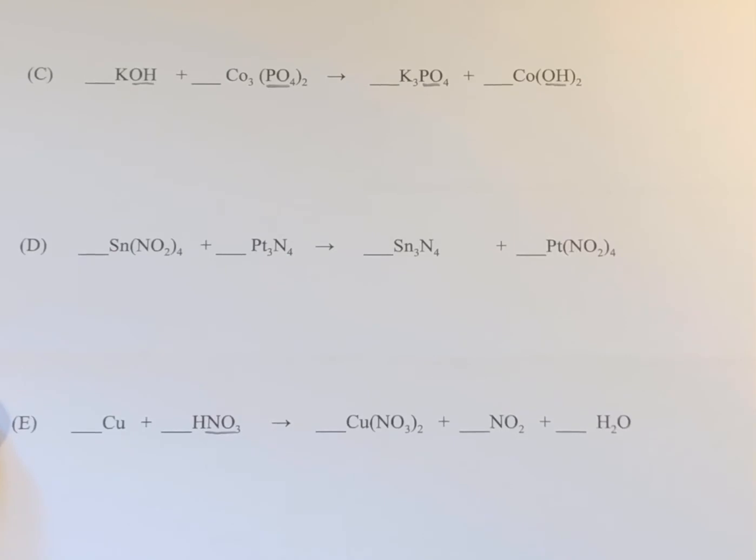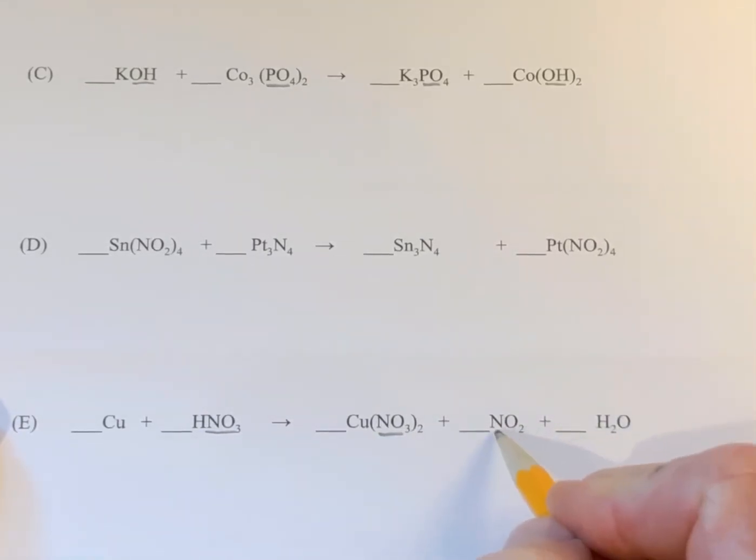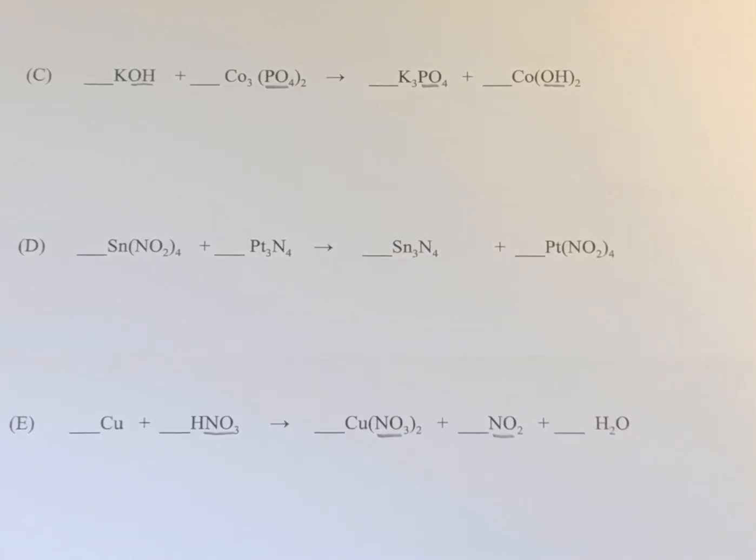But when you find the nitrogen and oxygen formulas on the product side, even though one of them still is NO3 nitrate, you also see an NO2 formula. And so that nitrate that was present on the reactant side actually went through some changes and separated into a couple of different formulas as a product. And so you wouldn't want to use this method on example E.